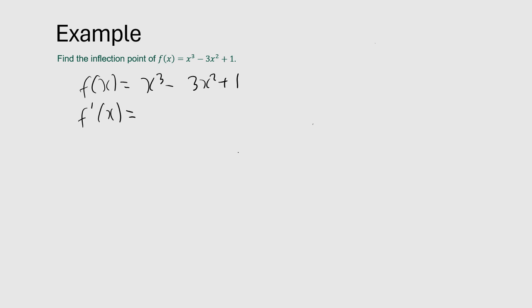We take this 3 here, x to the 3 minus 1, minus 3 times 2, x to the 2 minus 1, plus this one, whose derivative is 0. So this is 3x squared minus 6x.